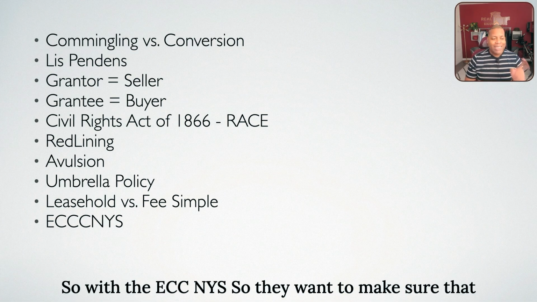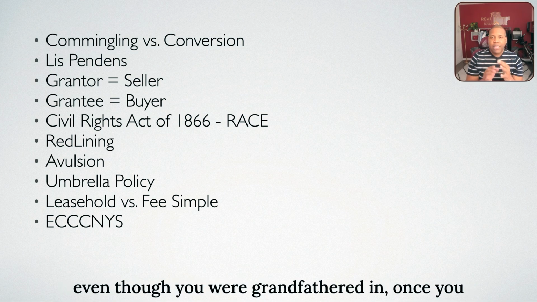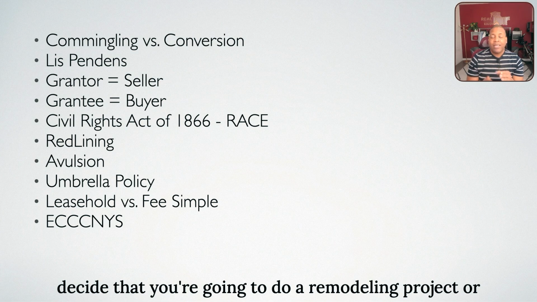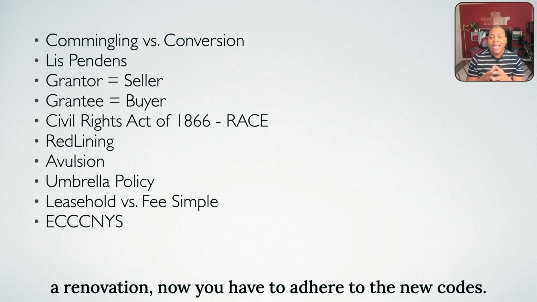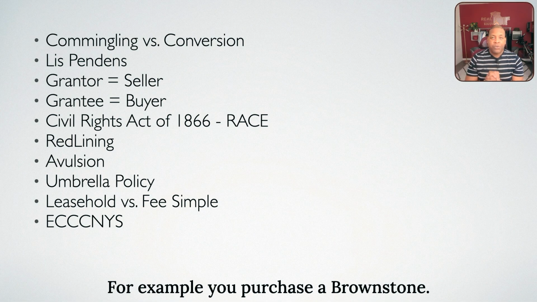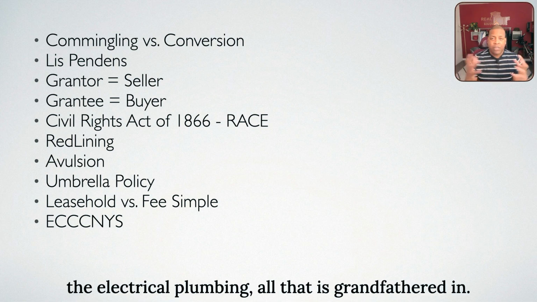So with the ECCCNYS, they want to make sure that even though you were grandfathered in, once you decide that you're going to do a remodeling project or a renovation, now you have to adhere to the new codes. All right. For example, you purchase a brownstone, the electrical, plumbing, all that is grandfathered in.